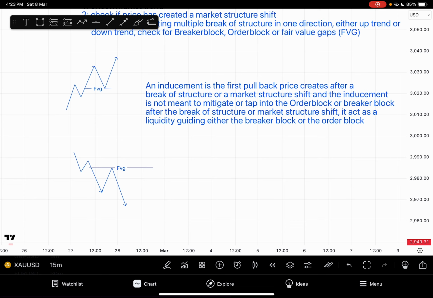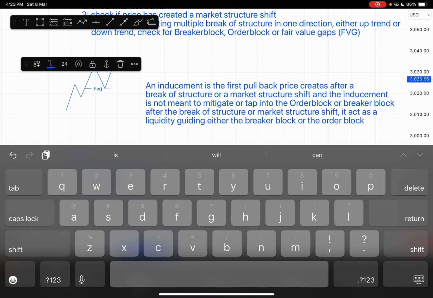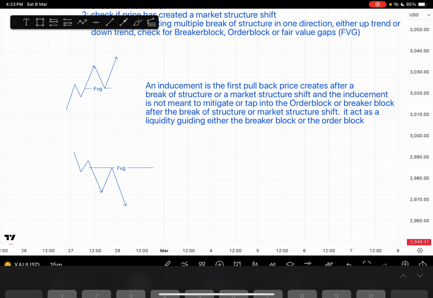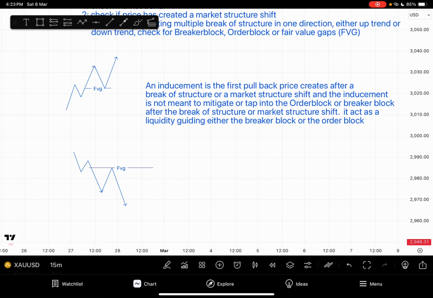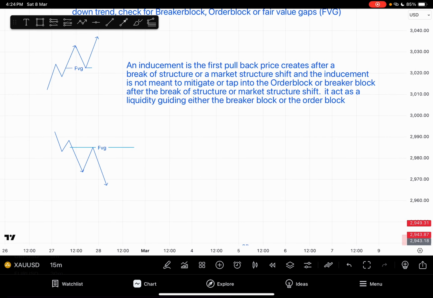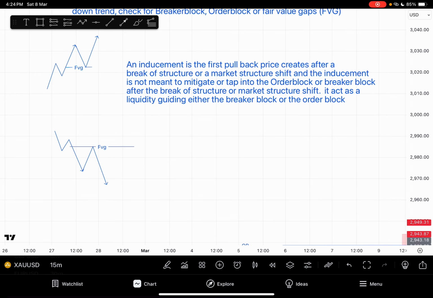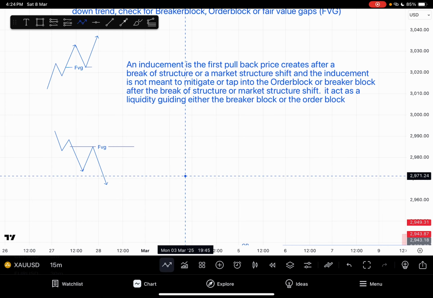Let me make a quick correction here. It's supposed to be a full stop here. It acts as a liquidity guiding either the breaker block or the order block. So this is what an inducement means if you follow the definition there.